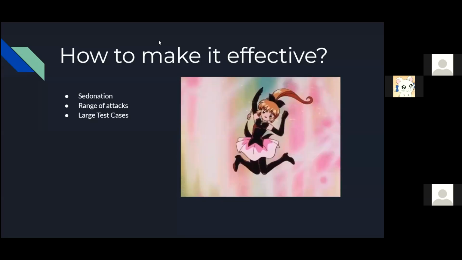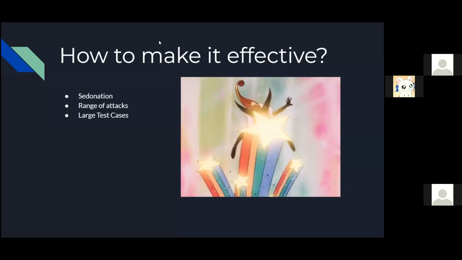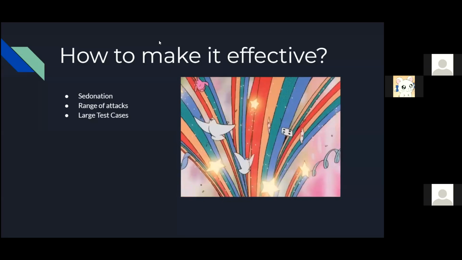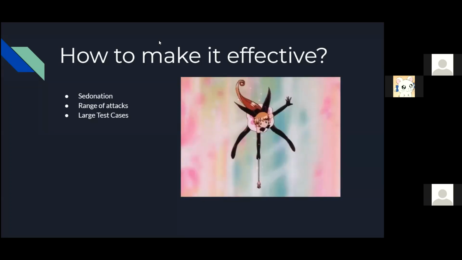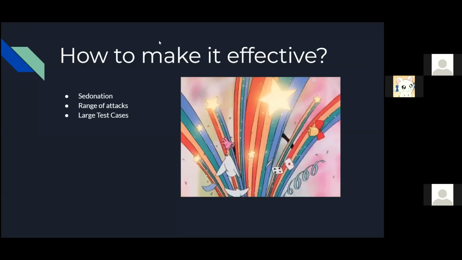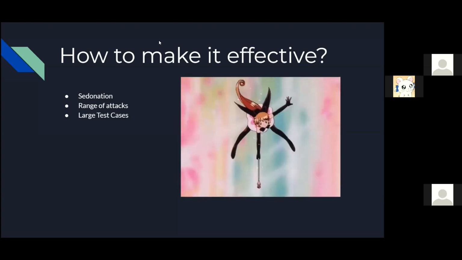So I've layered a lot of different things so that if something fails, I'll have another mechanism in place to deal with that failure. It also goes to the large test case: you need a large test case to effectively identify those points of failure.